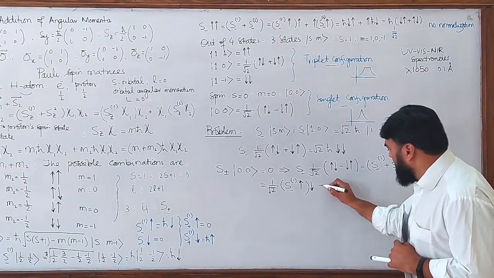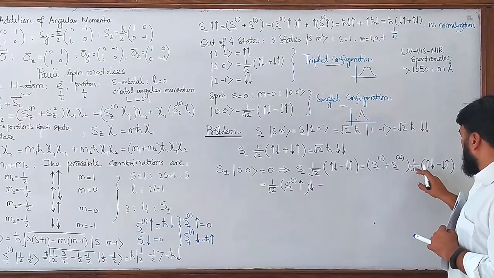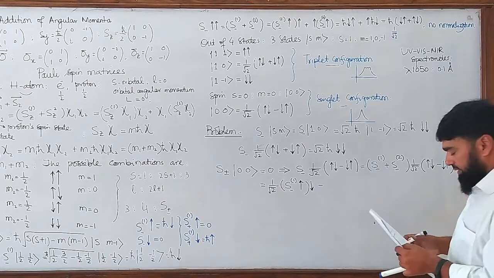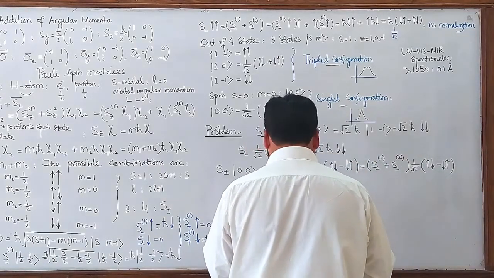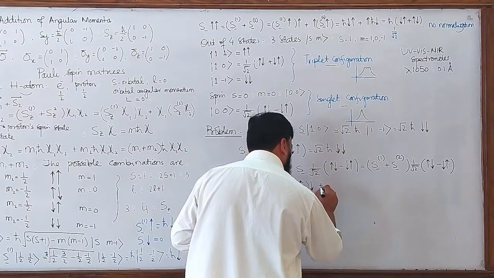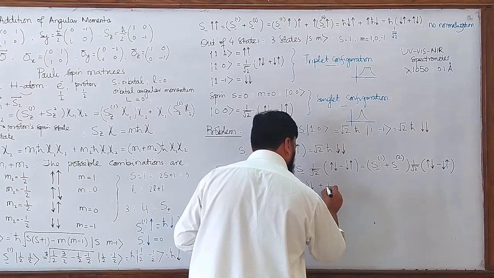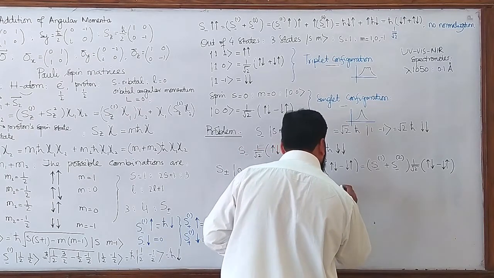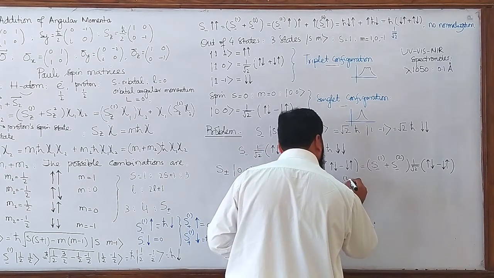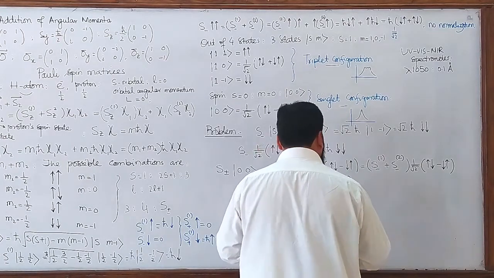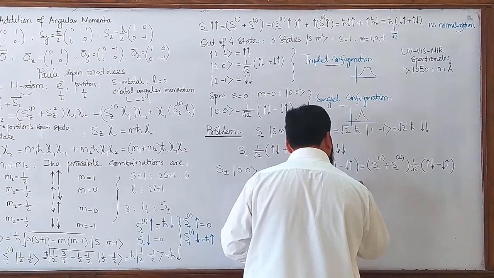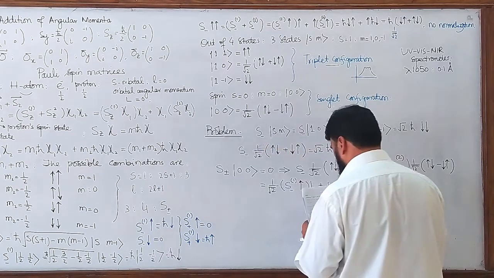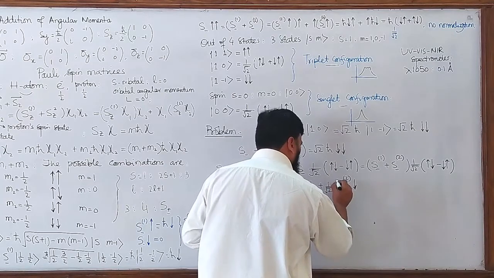Then minus, apply this one there. So it will be plus half and S minus 2, and it will be on the down, while keeping this one out.